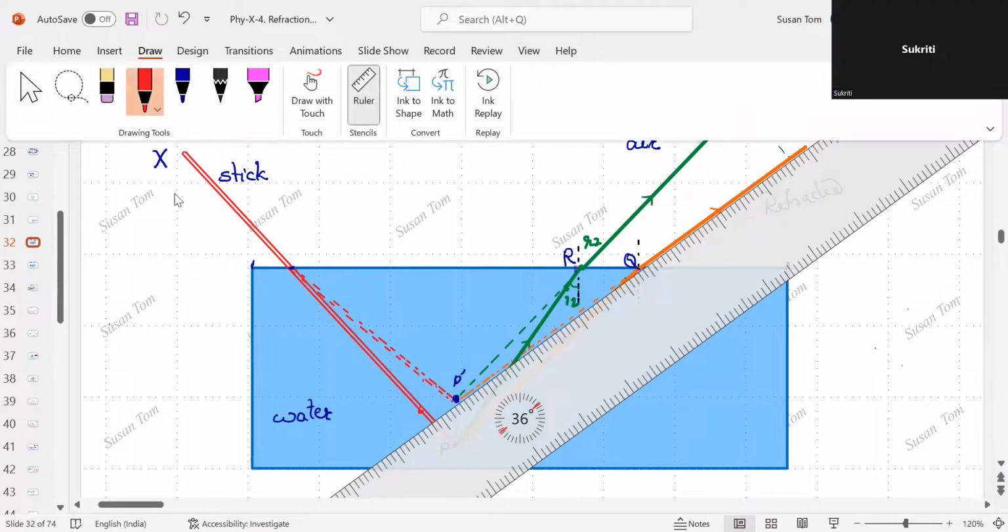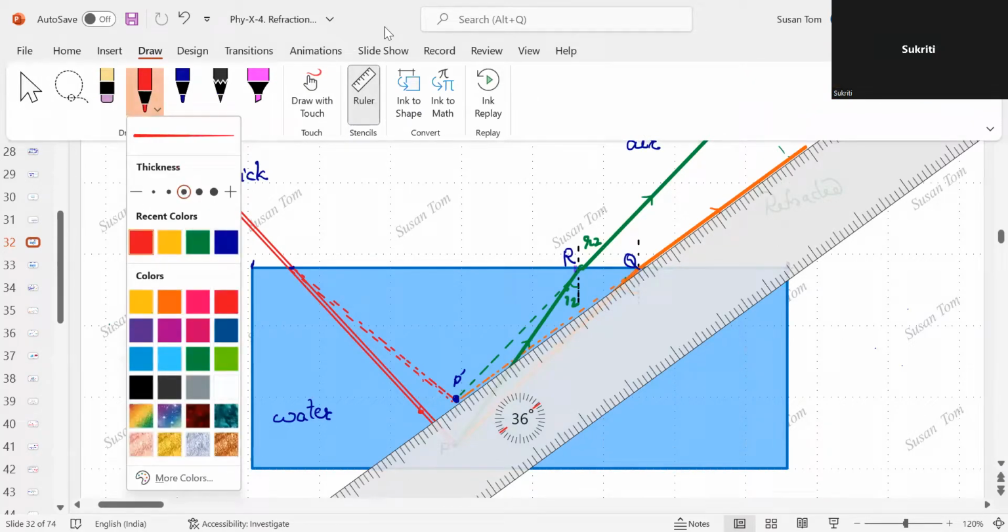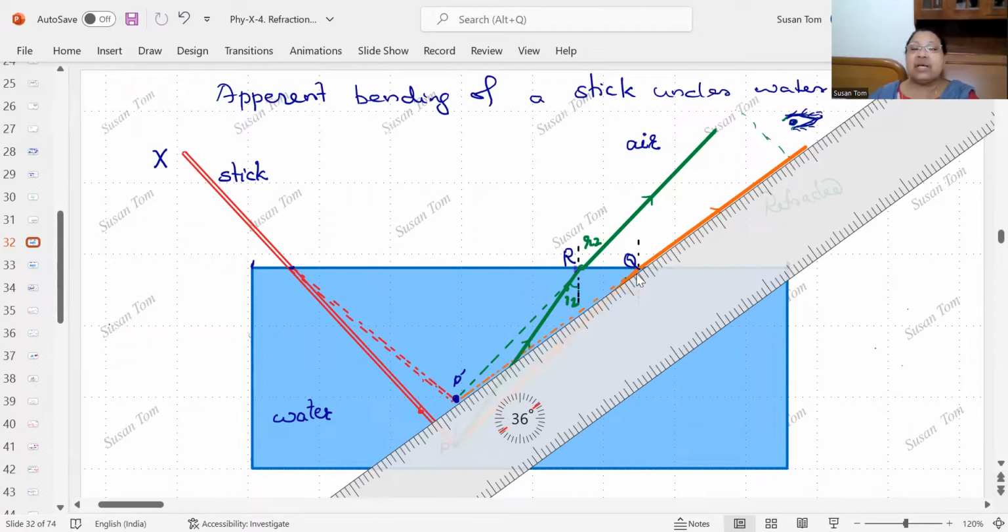Initially, what we do is only draw this refracted ray. But to which angle you have to refract, bend, keep the scale in such a way that on producing backwards, the chosen P dash has to be reached. So the scale should touch the P dash.